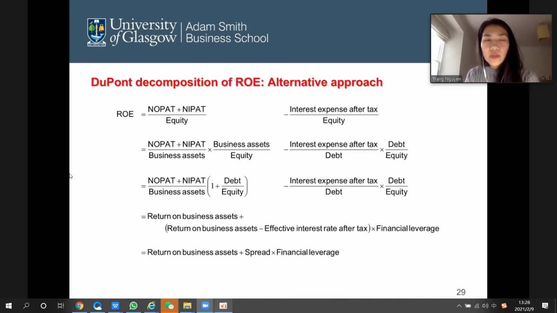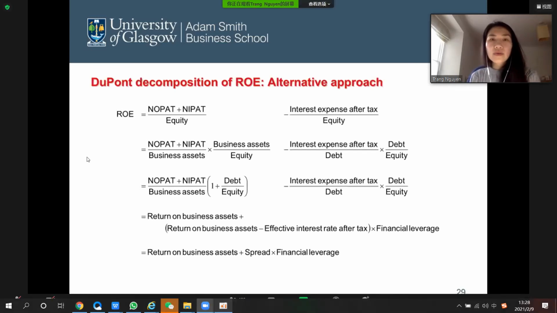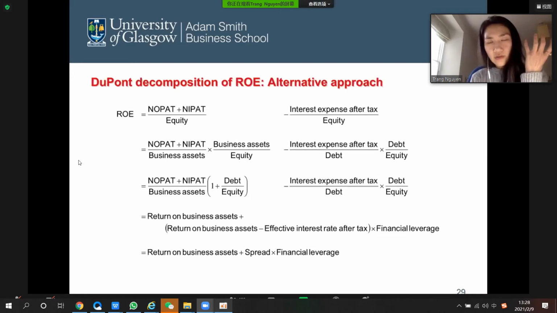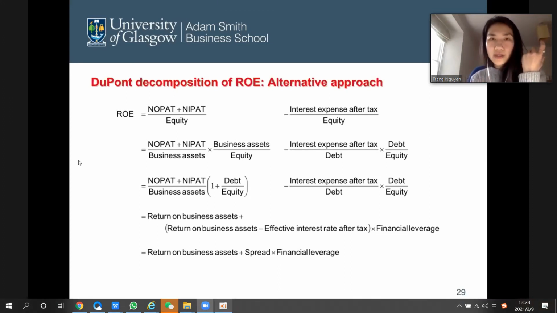And now, which approach should we use? Actually, we can use both approaches. We can use the traditional approach based on three factors or five factors, or we can use the alternative approach, where we look at financing activities and business or operating activities. So if you write in a way that you want to see different components of the traditional one, and you want to see how operating activities and financing activities affect the return on equity, you have additional analysis using the alternative approach.